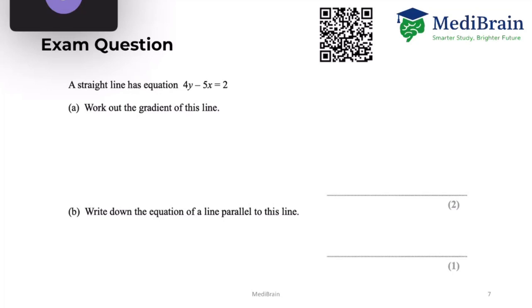I'll give you a bit more time on the questions if you would like. Don't use a calculator for this question. This would come up on a non-calculator paper.